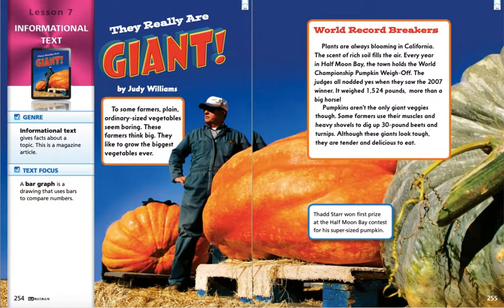Plus, in The Ugly Vegetables, they're talking about people growing vegetables and growing flowers. And how everybody then grew both of those all together in their gardens at the end of the story. In this story, They Really Are Giant, it's an informational story. So this is all true, all facts. And this story is only talking about people growing vegetables, not talking about people growing flowers.